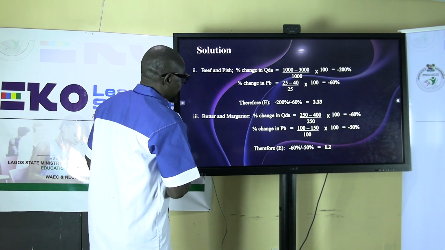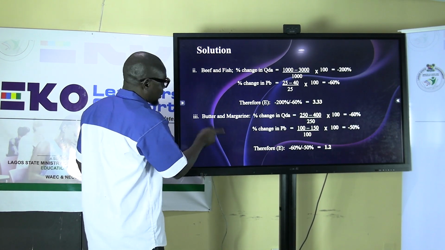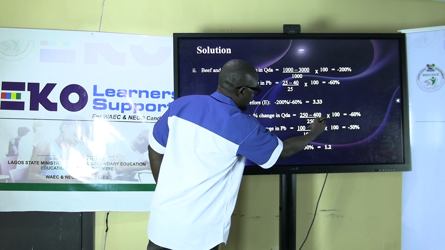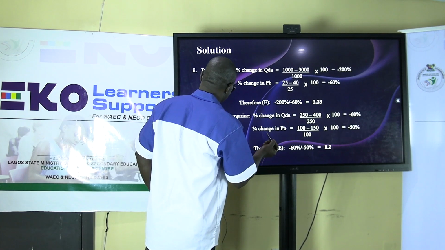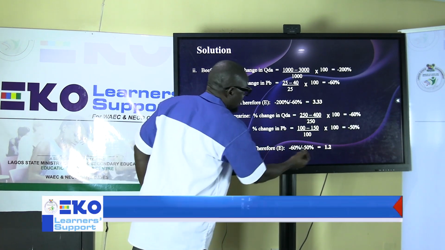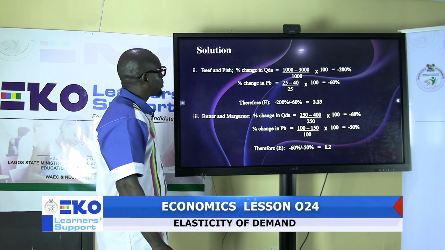Whereas the third one, which is butter and margarine, gives us a ratio of change in quantity of 60%, and the ratio of change in price for butter is 50%, and the cross price elasticity is 1.2.